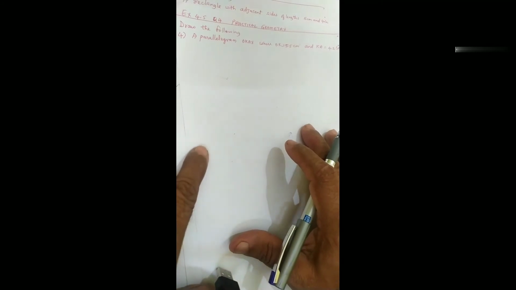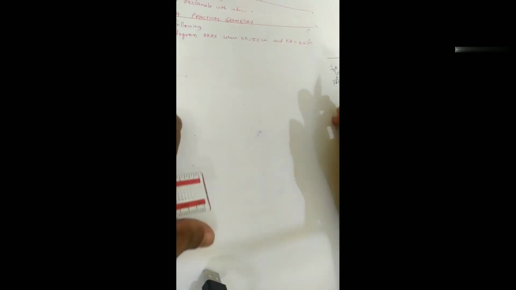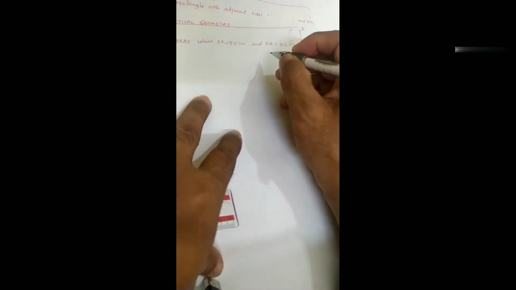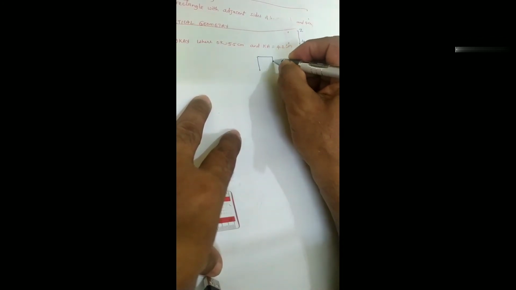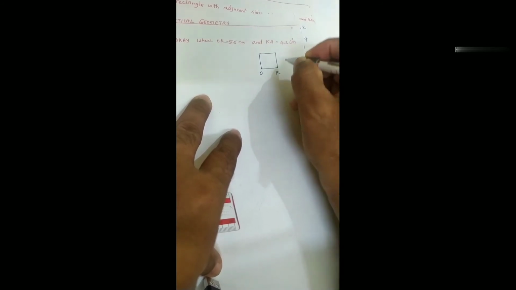We will go to the next one, that is draw a parallelogram OKAY. OK is equal to 5.5 centimeters and KA is 4.2. So we will take a small diagram just to understand or proceed according to that. OKAY.